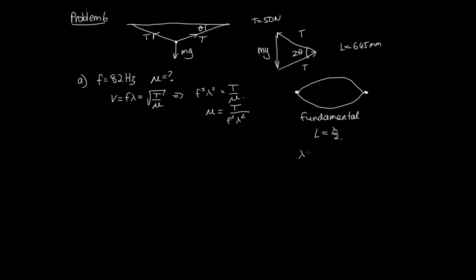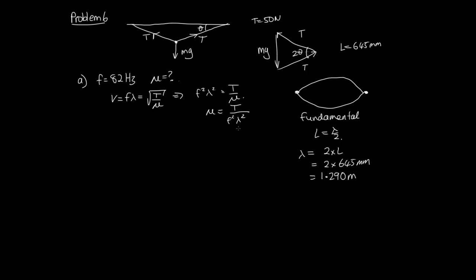So the wavelength of this note is going to be 2 times the length. So that's going to be 2 times 645 millimeters, and so that is going to be equal to 1.290 meters. I've divided by 1,000 there to get rid of the millimeters.